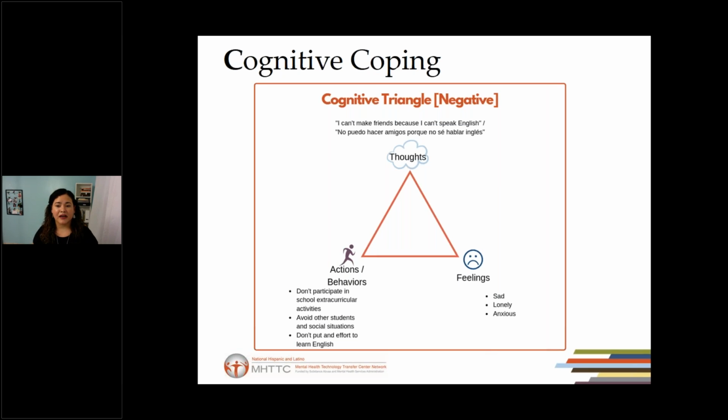So the next slide is an example of the cognitive triangle. Instead of negative thoughts, I usually try to use more adaptive and maladaptive thoughts, but sometimes with kids it's a little bit easier to use negative and positive thoughts. So usually we can observe clients who say, I don't know how to speak in English, or all my classes are in English, I don't understand anything at all, right?